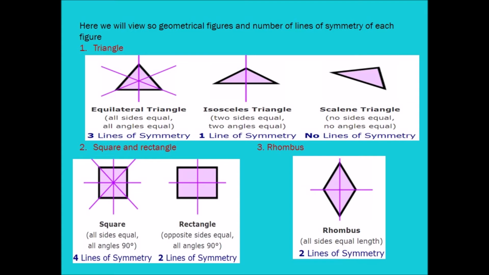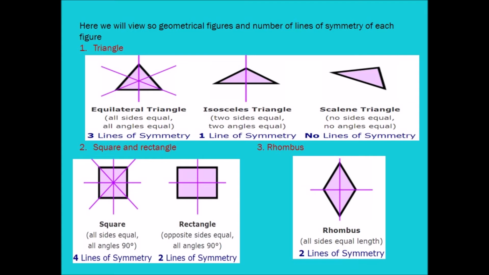What about the equilateral triangle? The equilateral triangle, as we know, is the triangle that has all sides equal and all angles equal. This type of triangle has three lines of symmetry. The next type of triangle is the isosceles triangle.